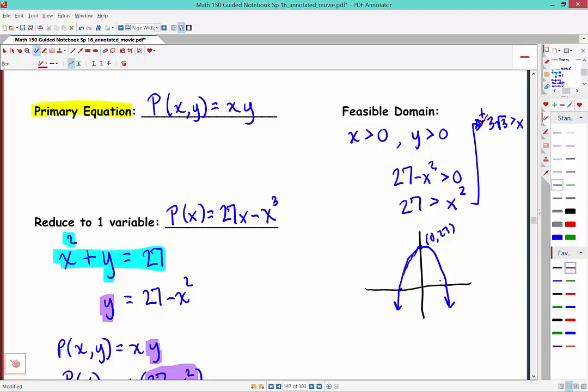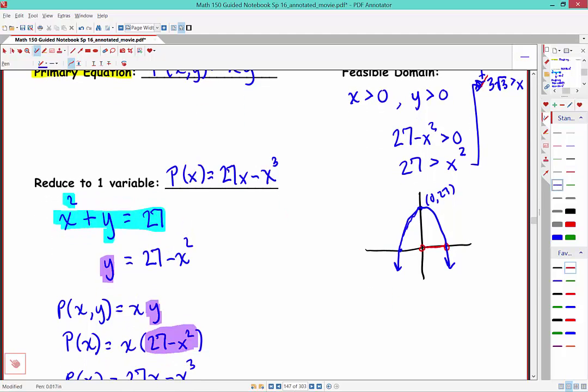We want positive outputs for the y, and that occurs from here to here. Cool so far? So x needs to be greater than 0, and x needs to be less than 3 root 3.